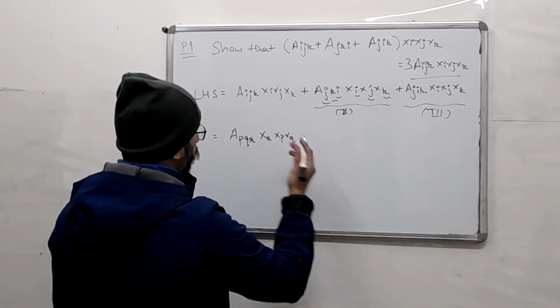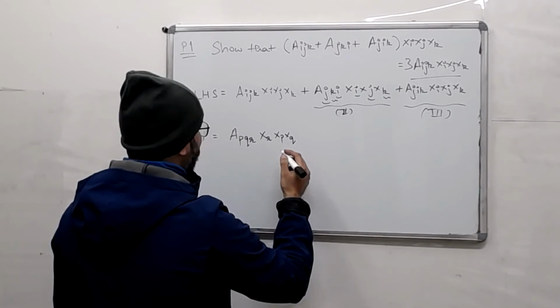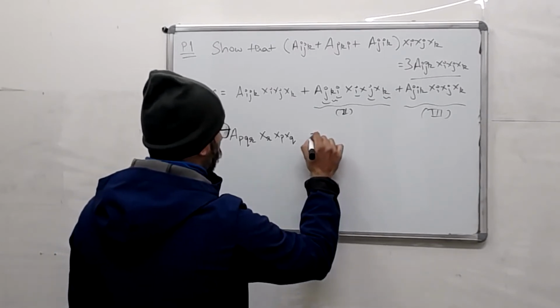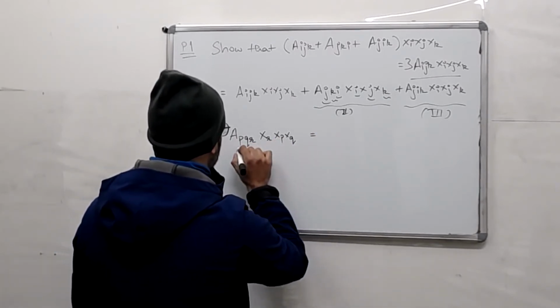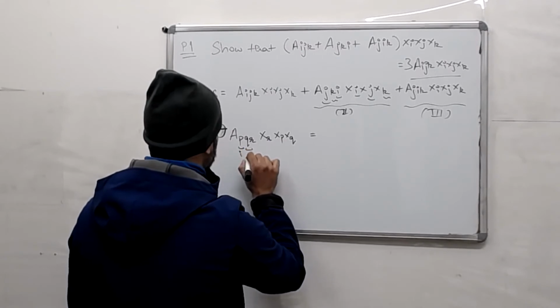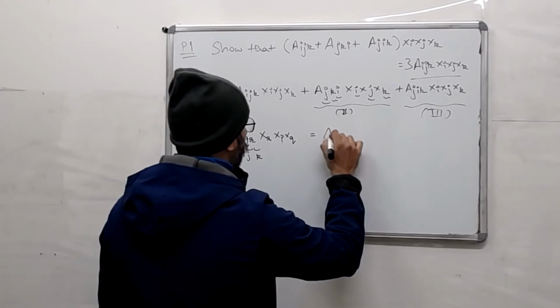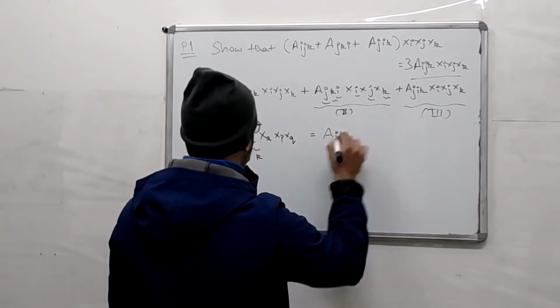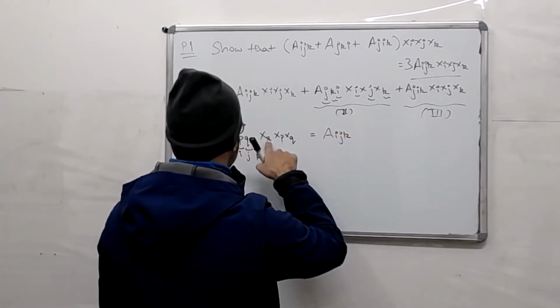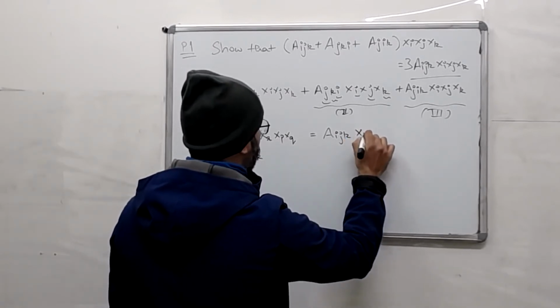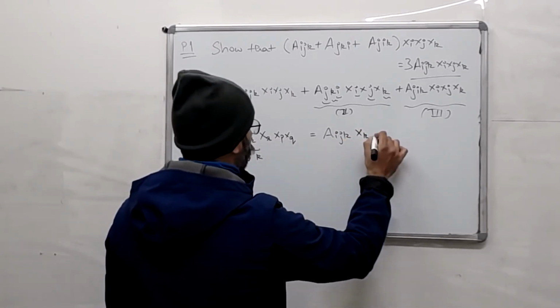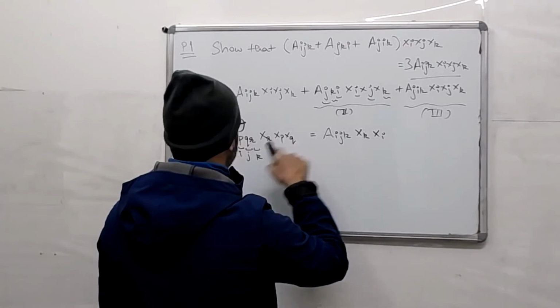So since p, q, r are dummy as well, I can replace them with any other index I want. So I can replace p with i, q with j, and r with k. This becomes aijk, and xr becomes xk, xp becomes xi, and xq becomes xj.